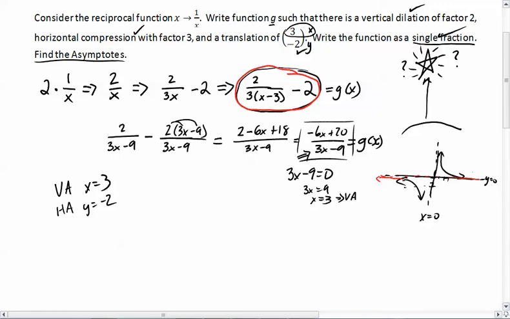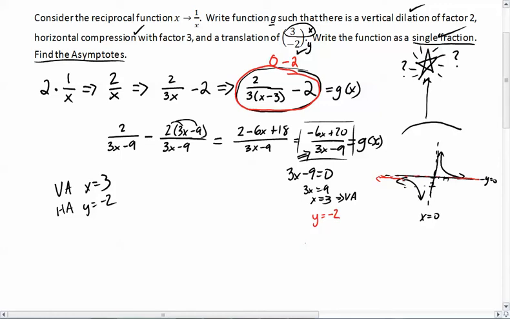So what we need to do is just make x a really, really big number. If x is really, really big, that's going to make the bottom of our fraction really, really big. And 2 divided by a really, really big number is going to be really close to 0. So what we end up with here is 0 minus 2. And 0 minus 2, of course, is -2, which means that our horizontal asymptote is at y equals -2.